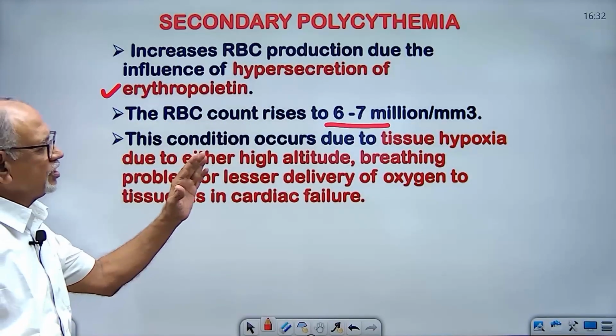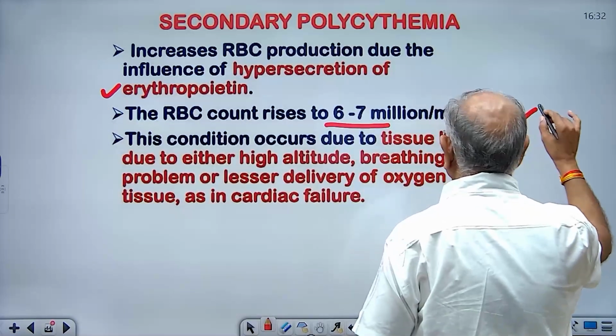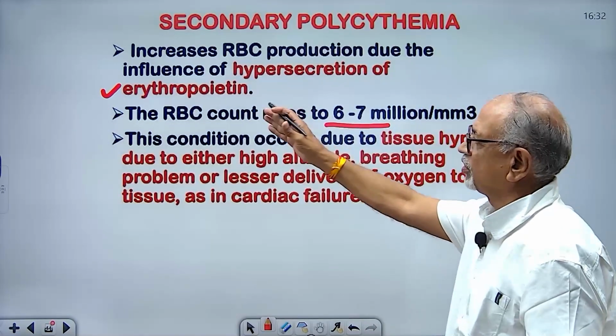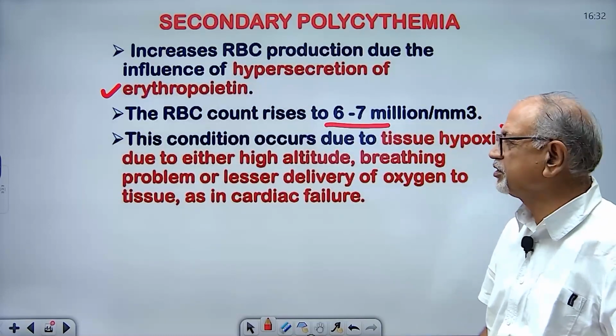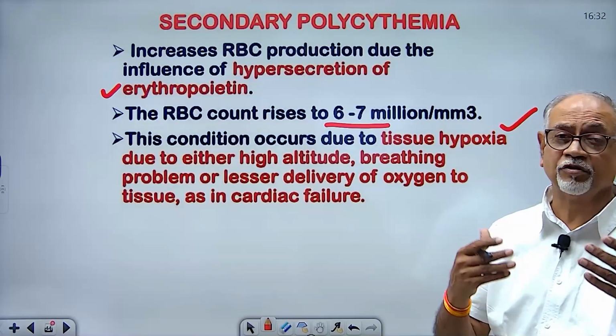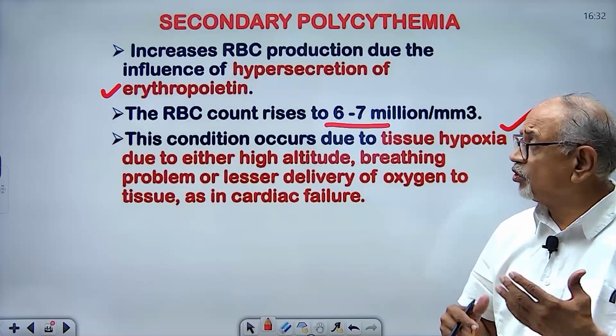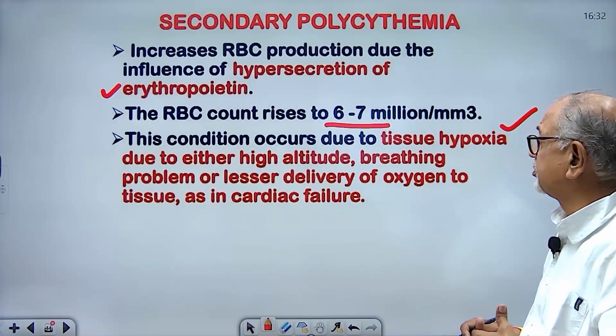This condition occurs in certain cases like tissue hypoxia. If hypoxia is there, more and more amount of erythropoietin will be secreted. At high altitudes also, when there is a deficiency of oxygen in the air, more erythropoietin is secreted.